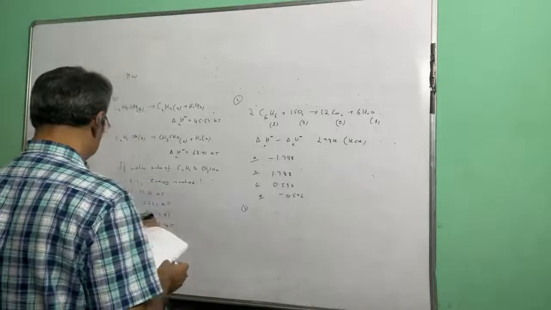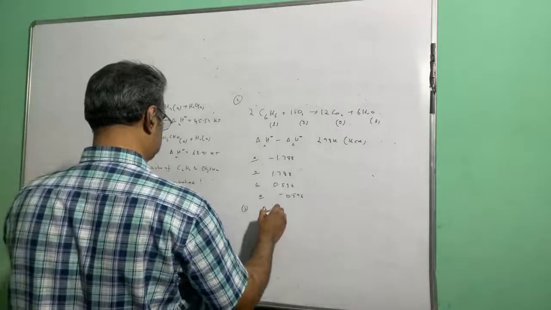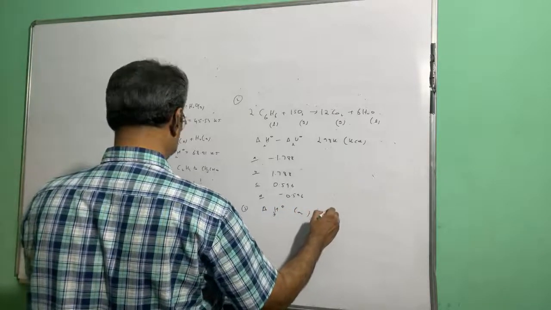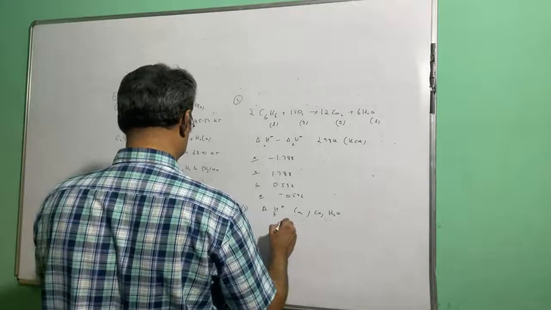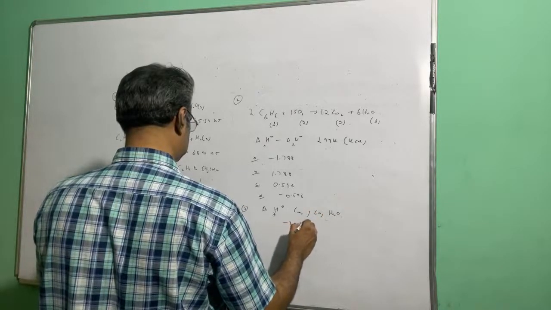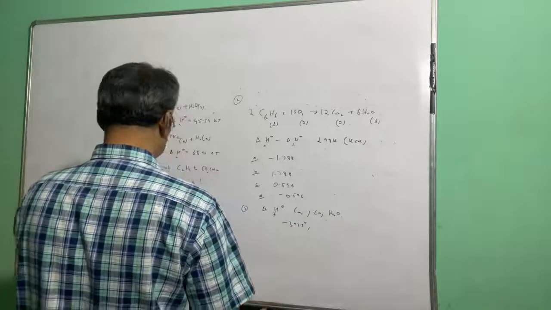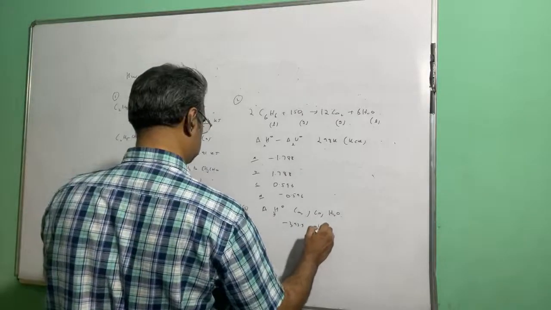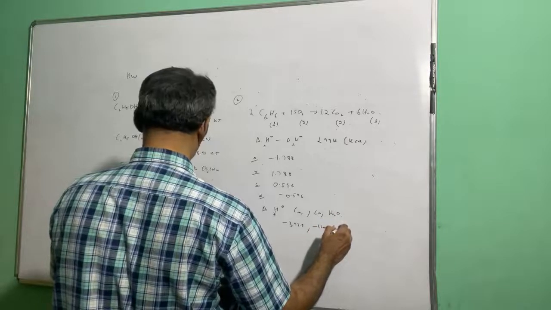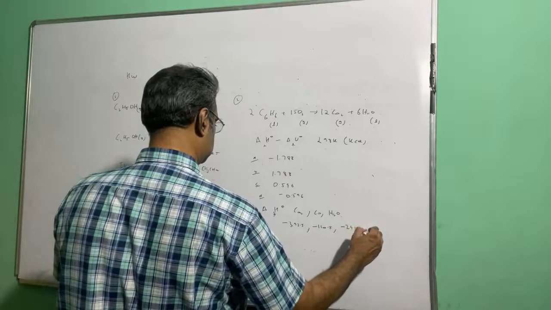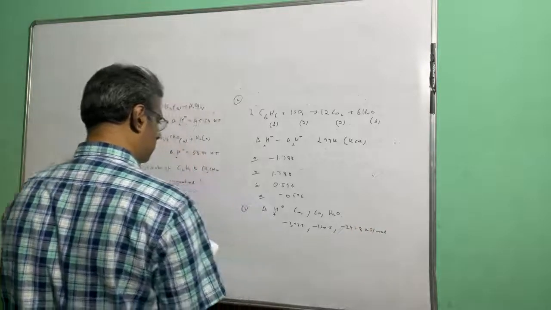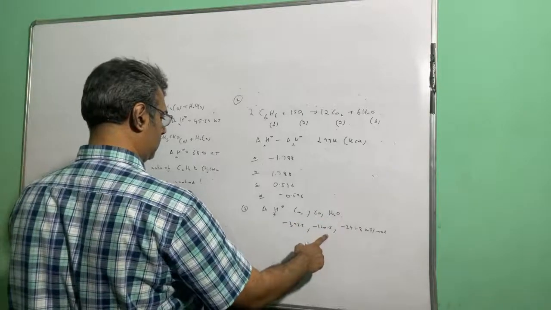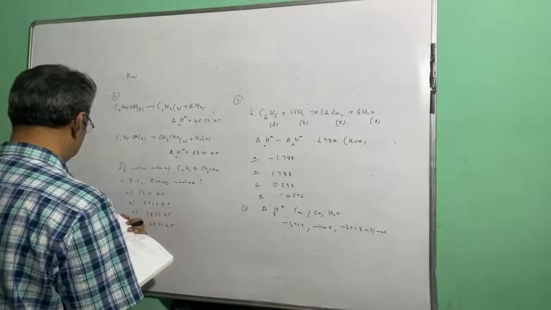Then we come to question number 3. The enthalpy of formation of CO2, CO and H2O is minus 393.5, minus 110.5, minus 241.8 kilojoule per mole.